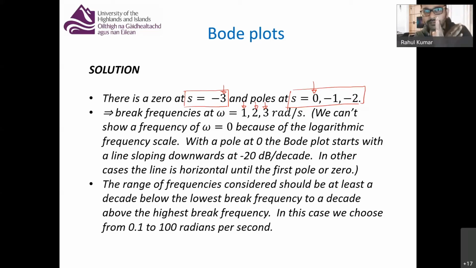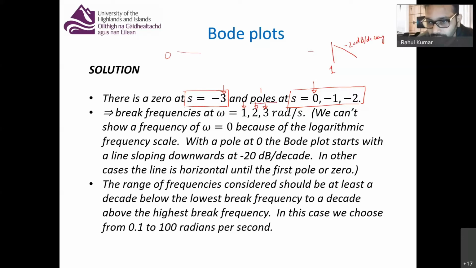If you are starting from, let's say, 1, before that you had a pole somewhere, because the logarithmic scale doesn't have a 0 value. As an effect of that, your initial slope will be minus 20 dB per decade.